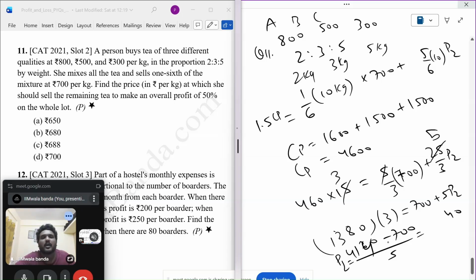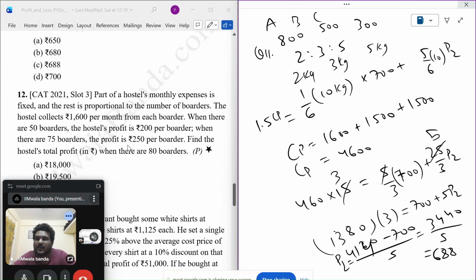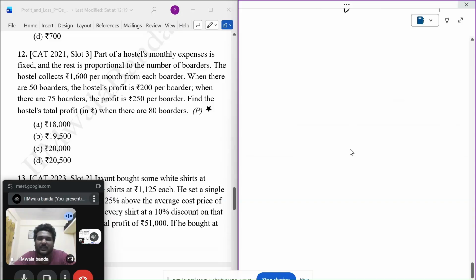Yes, option C. Oof, little calculative, but now that I've invested time and I'm sure about the concept, I would have done it.